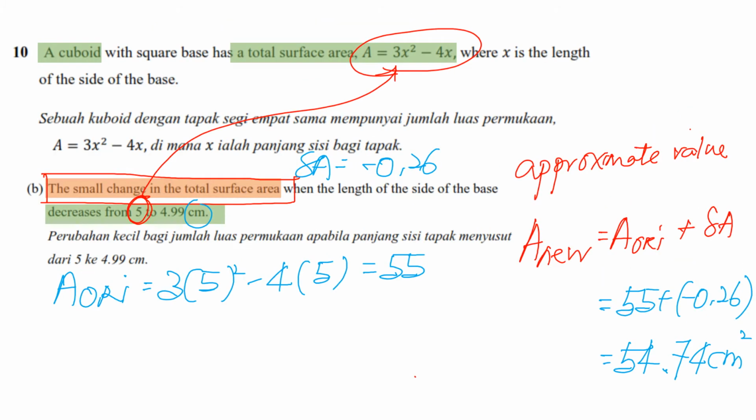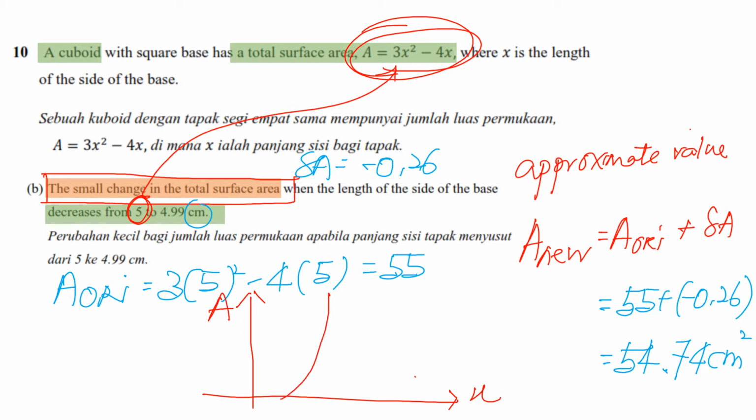Okay, so this is your answer. What does it mean? By referring to the graph and the equation given, you should be able to predict the shape of the graph, something like this. Now, let's continue to the value.